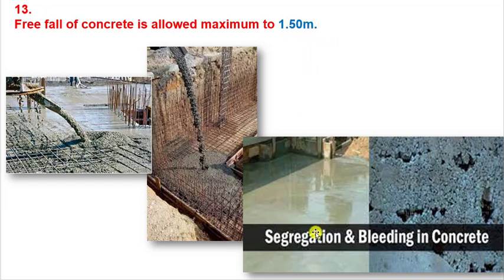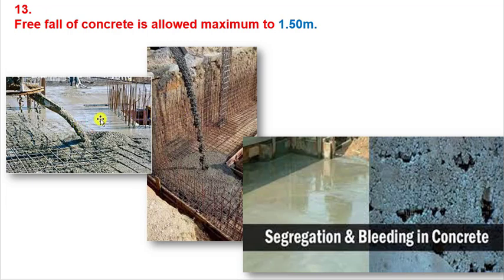You can face the problems of segregation and bleeding in the concrete, as you can see in this image. If segregation and bleeding occur in the concrete, at the end of the day you will face the problem of honeycombing. You need to maintain the height up to 1.5 meters whenever concrete is freely falling on any construction site.